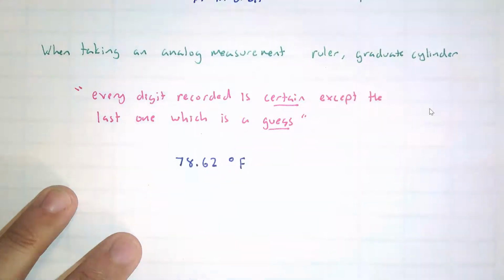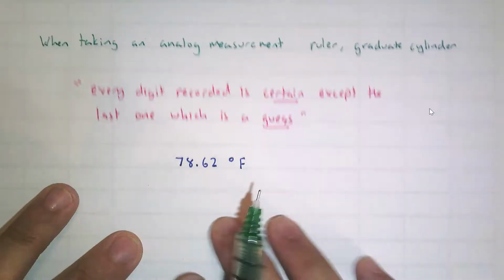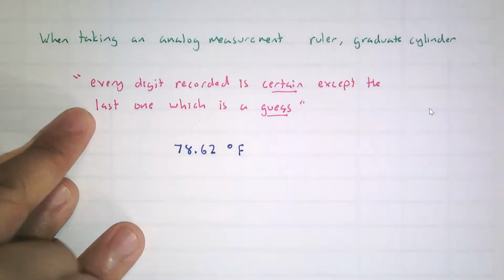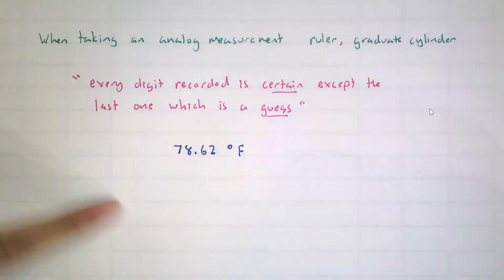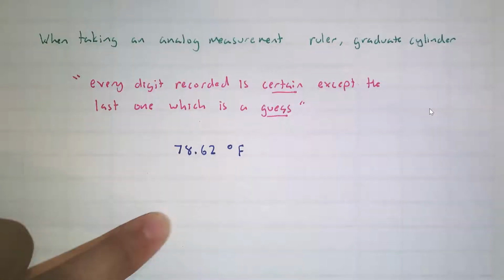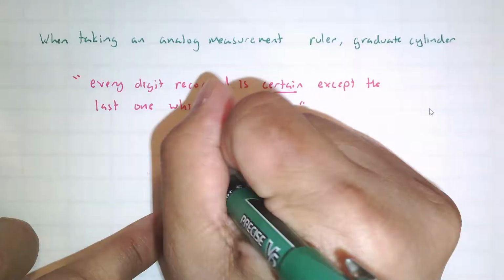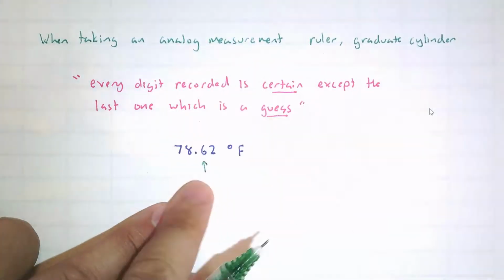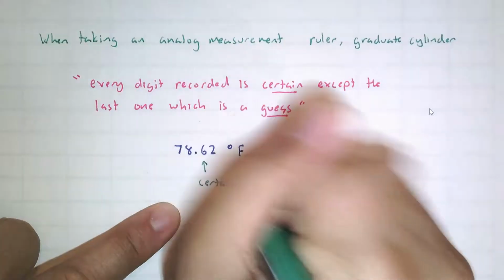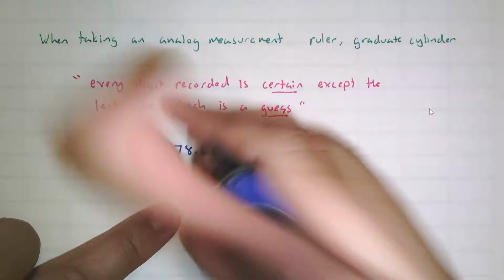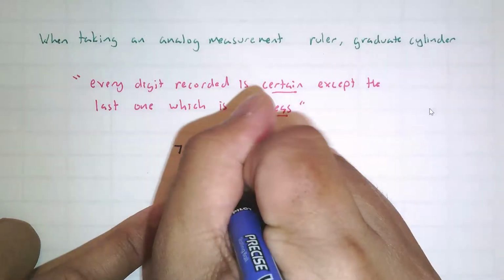Okay. What am I supposed to assume about this number? If the scientists who took this measurement followed this rule, we can assume that they are telling us that they are positive about those digits. So this is certain. And this digit is a guess.